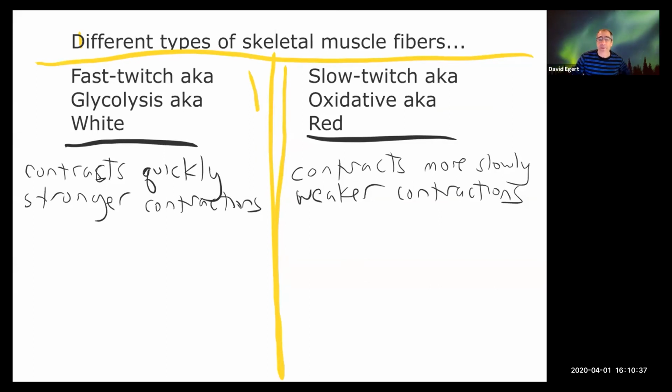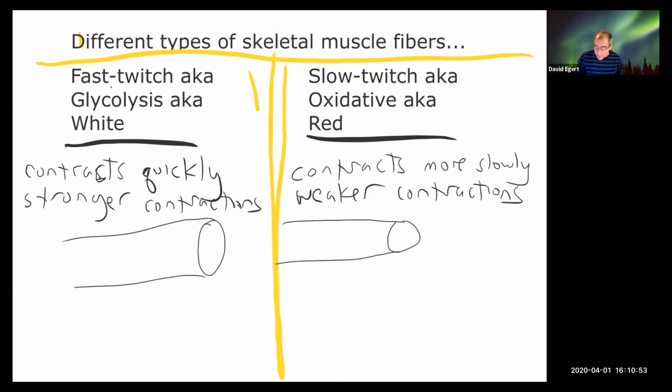That is going to be due to the fact that fast twitch has more myofibrils, more of those organelles full of actin and myosin. If you look at a skeletal muscle cell, remember it was like a cell, and then it had all of those myofibrils inside.